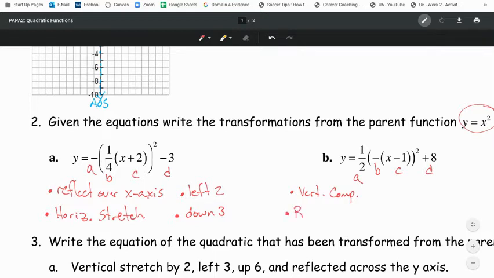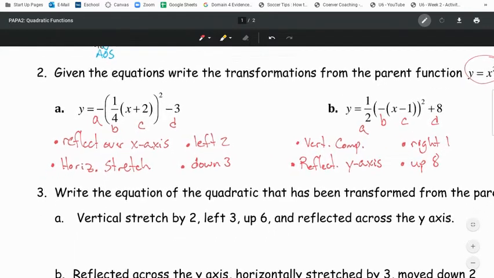Then, that dealt with A. Then B is a reflection over the y-axis. And then we look at C, we're subtracting 1, so that goes to the right 1. And then D, we add 8, so we're going up 8. Again, all based off of the summary page we were just looking at. But once you memorize it, then you don't have to refer back and forth to it.